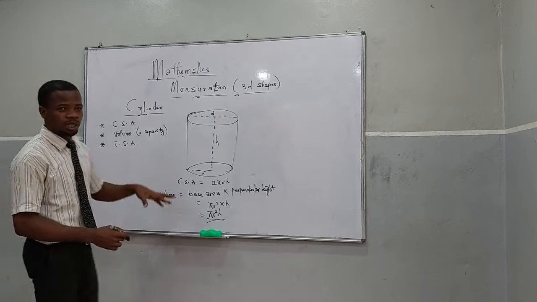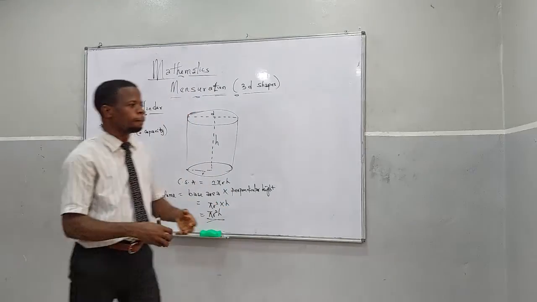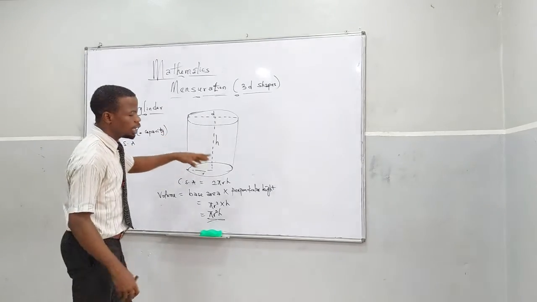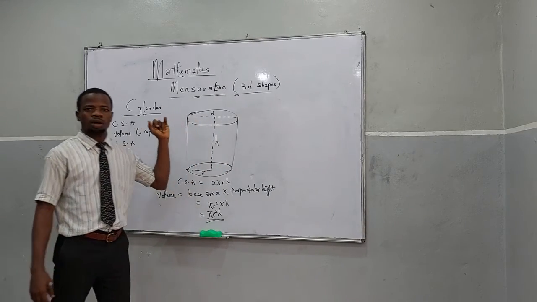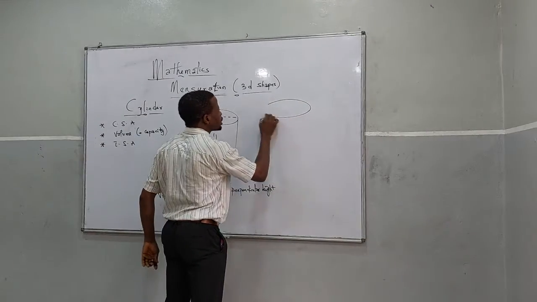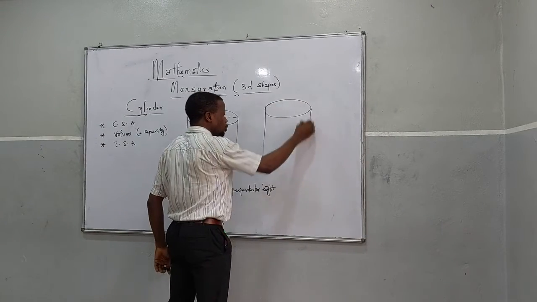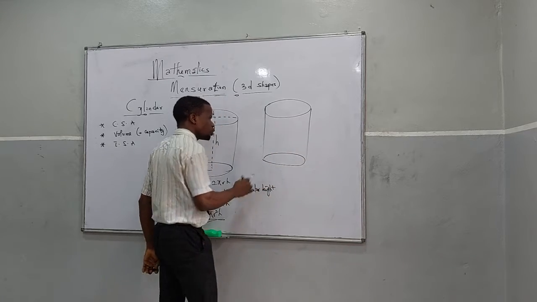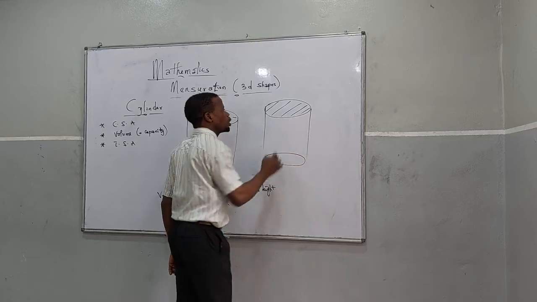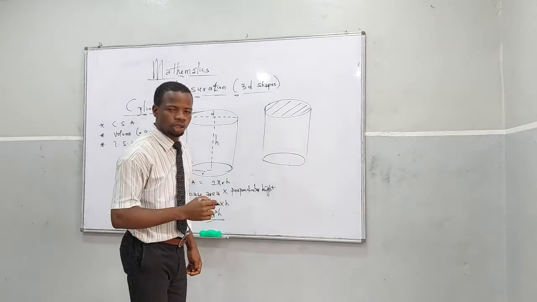So what happens again? If I calculate the TSA, we need to consider whether this particular cylinder is closed-ended or open-ended. Now, what happens if we have a cylinder where only the top is closed?